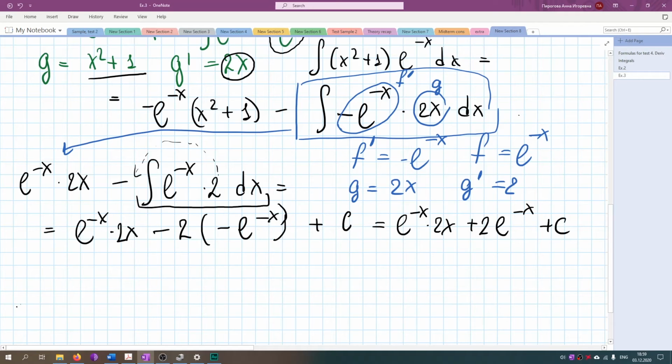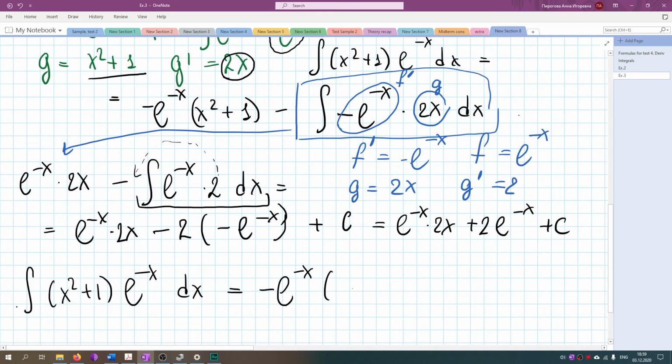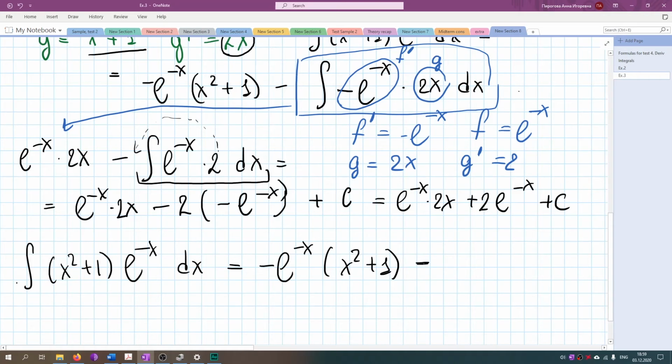So now let's rewrite it again. So we have our integral x squared plus 1 e in the power of minus x dx, and it was equal to minus e in the power of minus x times x squared plus 1, and we need to subtract the part which is in these blue borders, and it was equal to this.